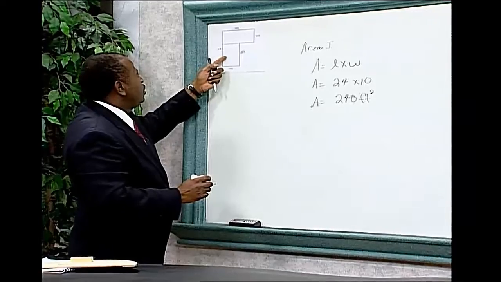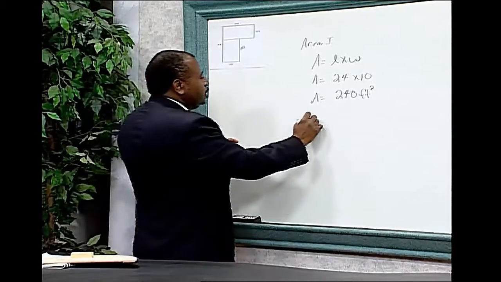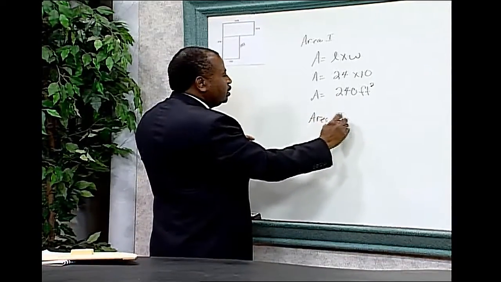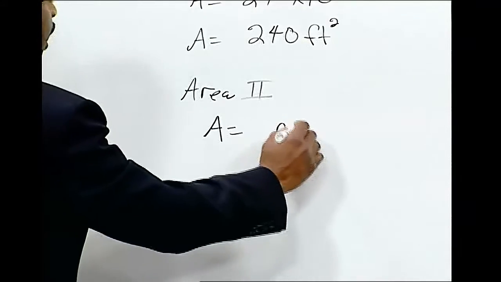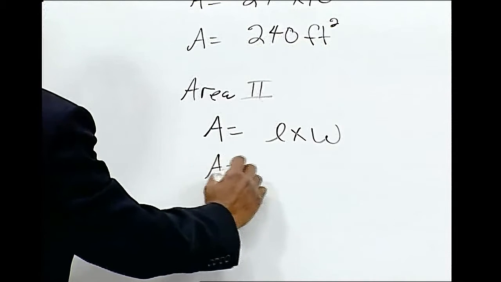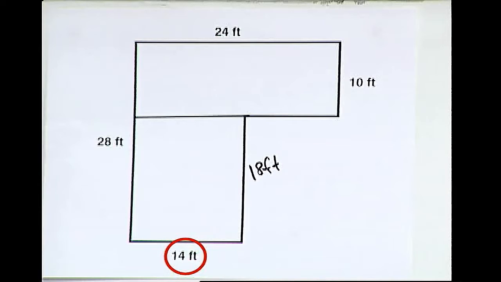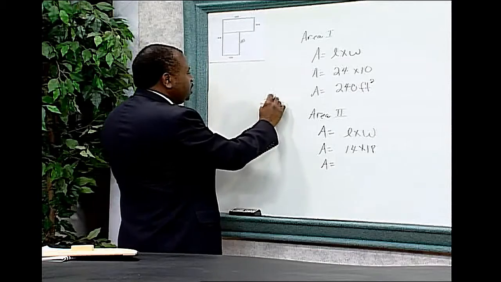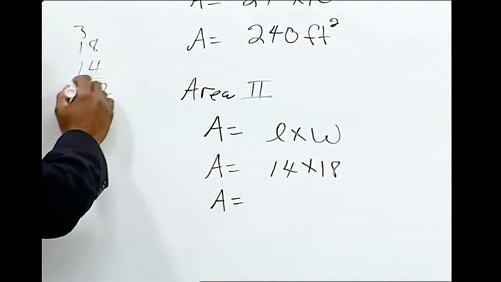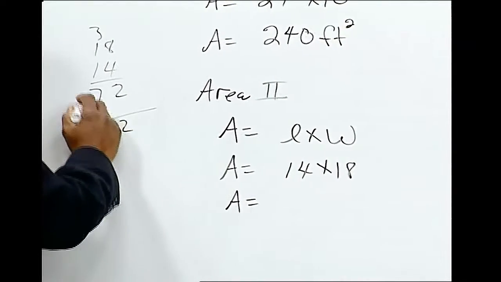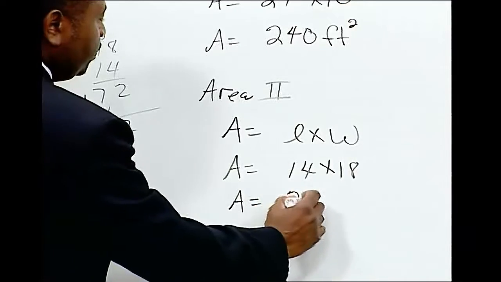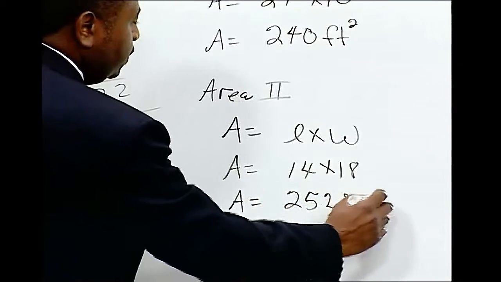Now we have to find the area of region 2, using the same formula, A is equal to L times W. A is equal to 14 times 18, which is 252 square feet.